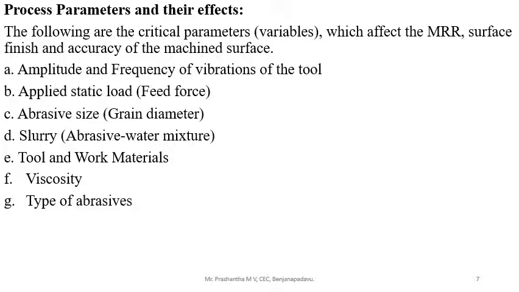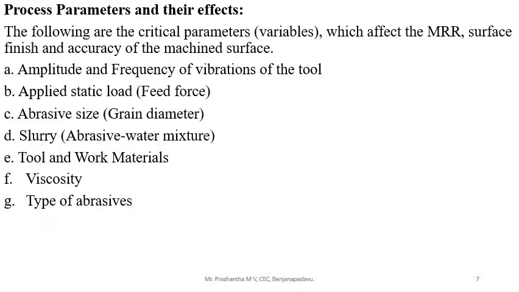First one is amplitude and frequency of vibrations of the tool. Second is applied static load or feed force. Third is abrasive size or diameter of grits, abrasive grits. Slurry, the mixture of abrasive particles and water.